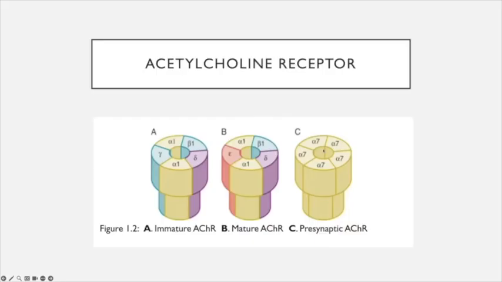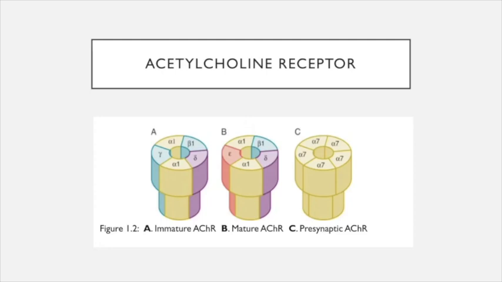Now we zero in and focus on the acetylcholine receptor. The acetylcholine receptor is central to the neuromuscular junction. It's one of the most important components of the action potential that occurs leading to muscle contraction.